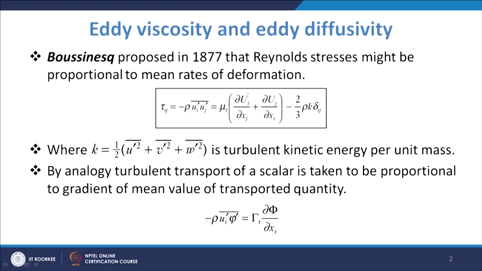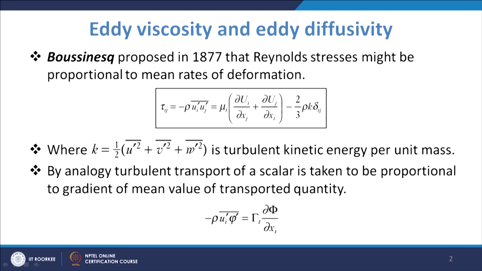This is the mean rate of deformation, and it has been written as the equation mu t into dou u i by dou x j plus dou u j by dou x i minus 2 by 3 rho k delta ij. Here delta ij is the Kronecker delta, and when i is equal to j, this term vanishes.